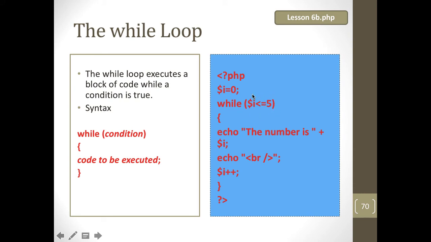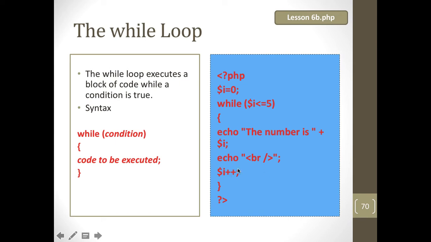But if you look into the logic of the condition here, it's bound into this condition. While $i is less than 5, then you trigger this part. The number is $i. And then you have the increment value, put here, not there. That's what is special about the while loop.